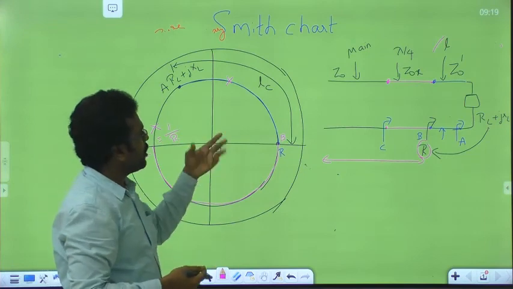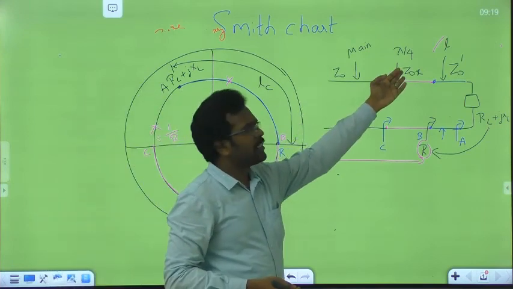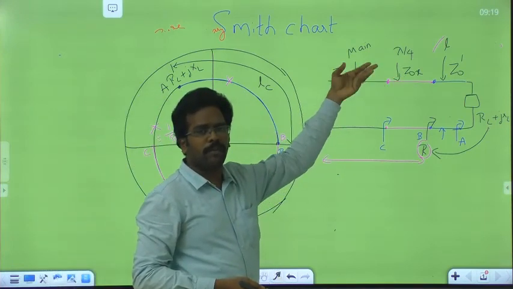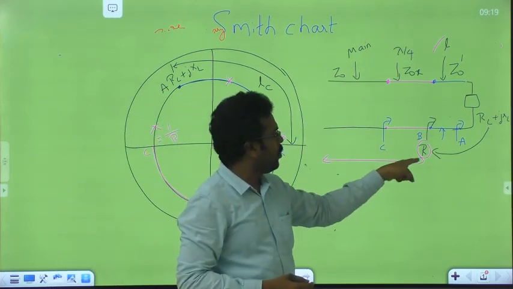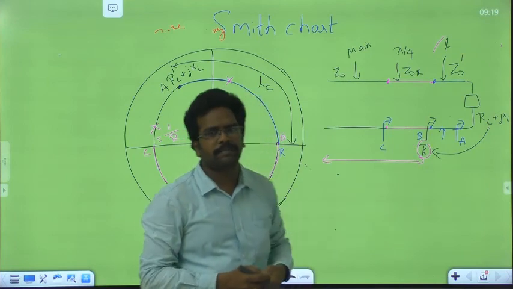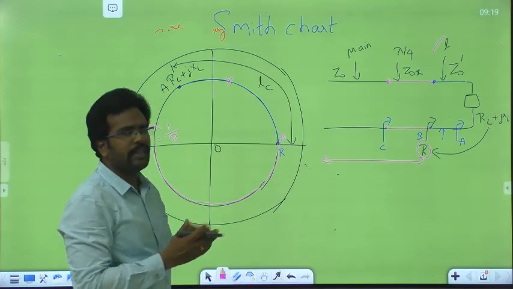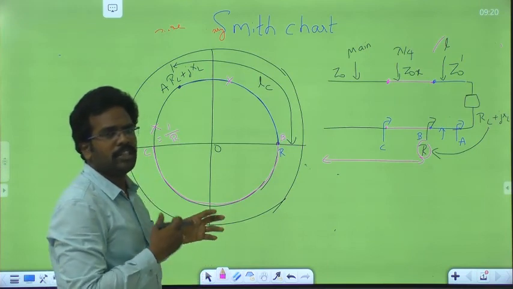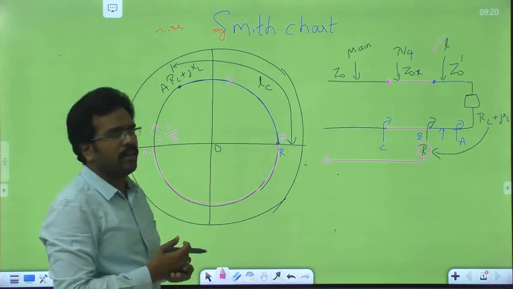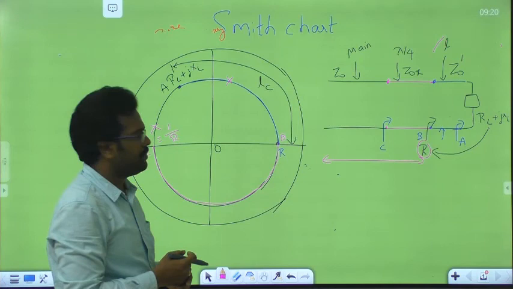Similarly, we also have to change the transformer with different Z0X based upon the load we have at point B. So these are some of the drawbacks in the quarter-wave transformer technique. You can overcome these drawbacks with the help of a single step matching technique.